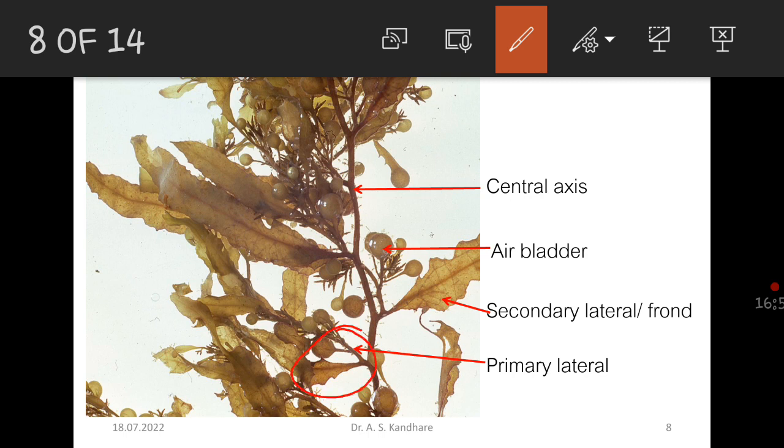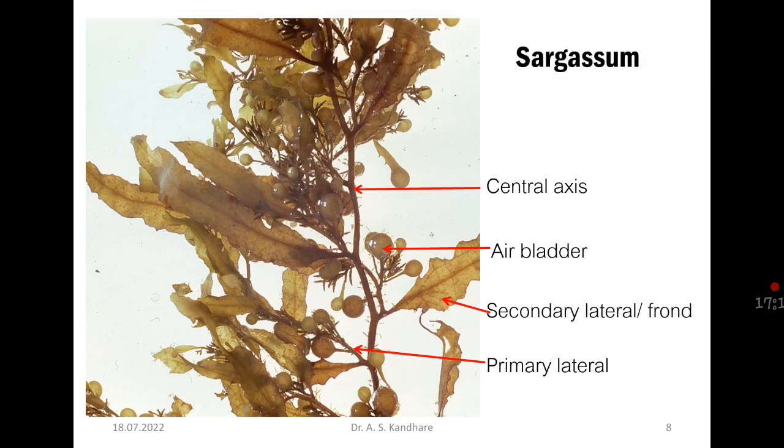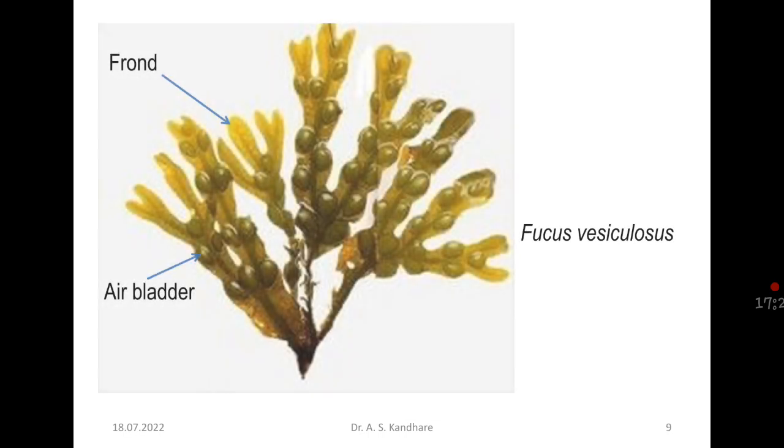This one is primary lateral, और ये जो पत्ता है इसको ही हम सेकेंडरी लैटरल बोलते हैं, यहाँ पे लिखा है सेकेंडरी लैटरल, और फ्रॉन्ड और लैमिना, दो तीन इसके नाम हैं। So you have to remember all this terminologies. So this is Sargassum, बहुत ही इम्पोर्टेंट एल्गी है जिसे हम बाद में पढ़ेंगे.